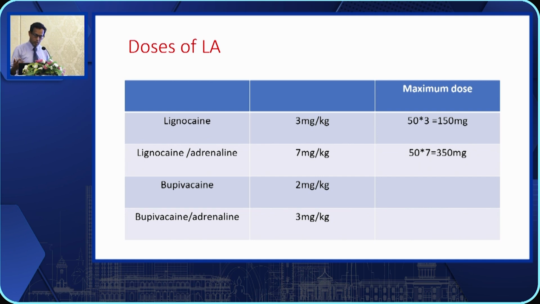If your patient needs 150 milligrams, you can use about 7.5 ml of lignocaine. When we combine lignocaine with adrenaline, we can go with a higher dose, 7 milligrams per kg. Bupivacaine is 2 milligrams per kilogram. It comes as 0.5%, like a 5 milligrams per ml solution, so depending on that we calculate the dose for our patients.